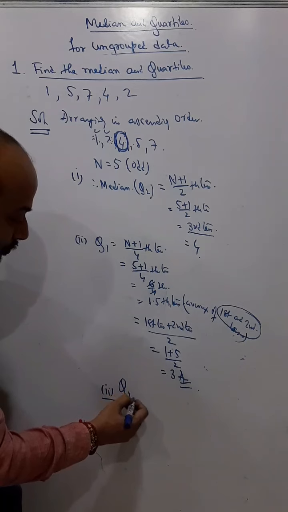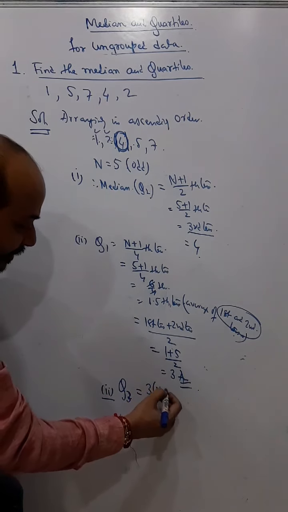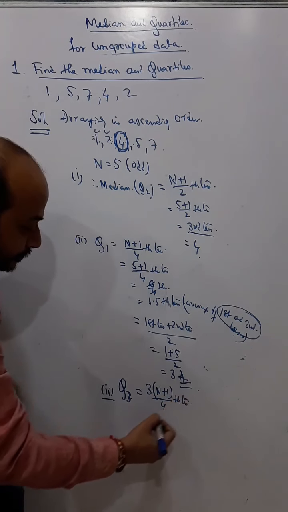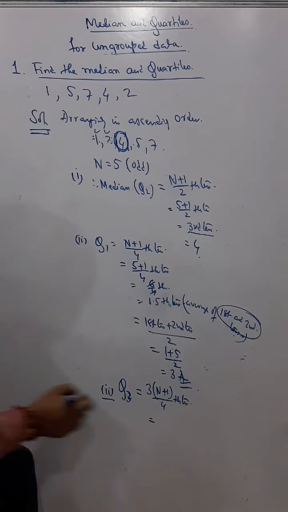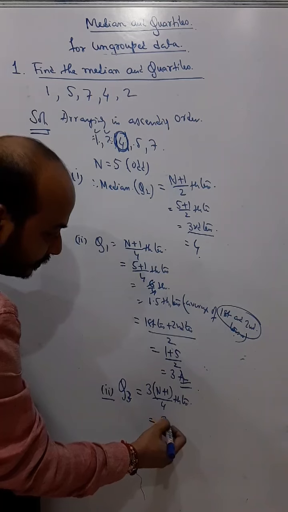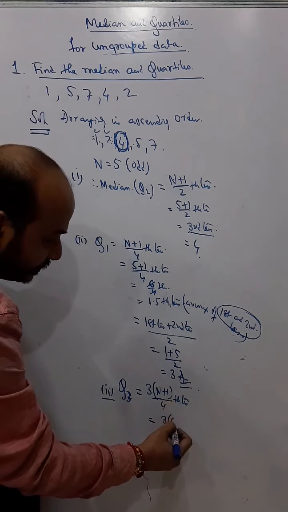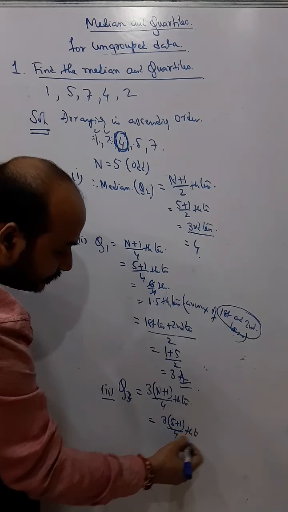Similarly, second quartile is Q3. So you have 3 into n plus 1 by 4th term. So again I get what? 3 into n plus 1 by 4th term, n means you have 5 terms, 5 plus 1 by 4th term.